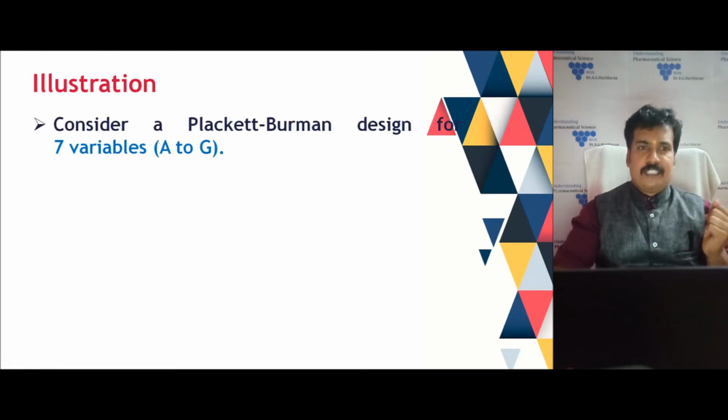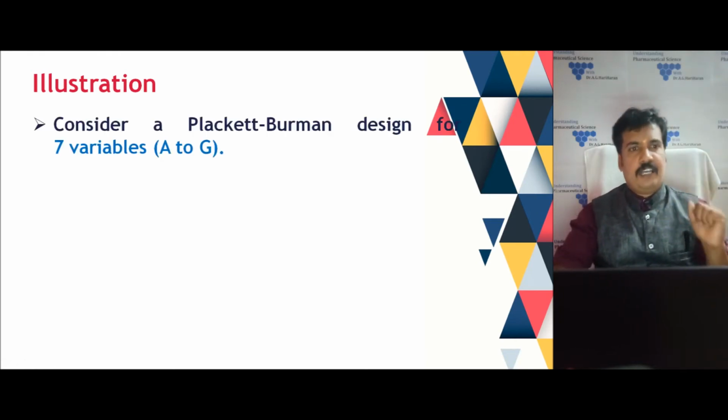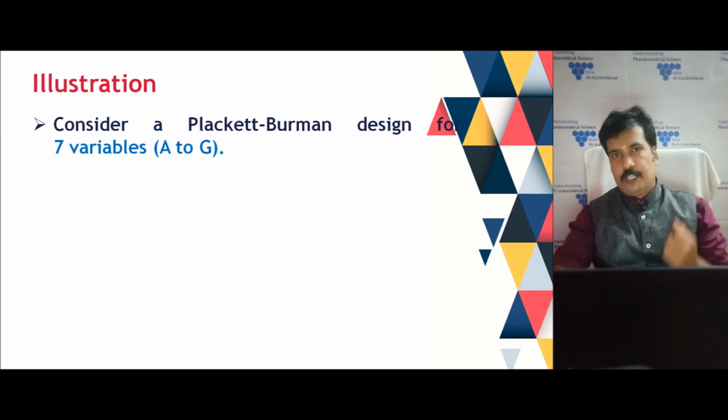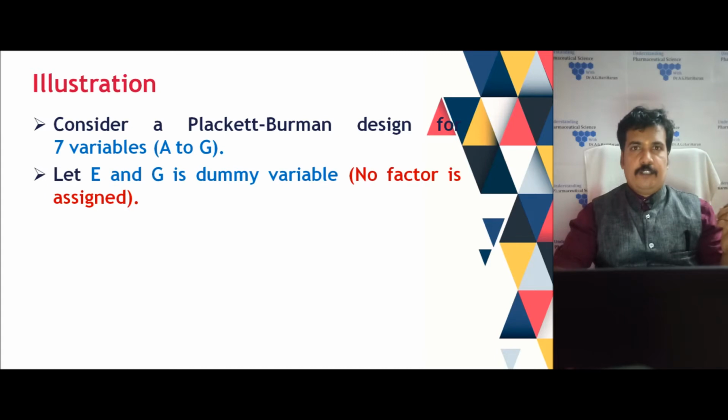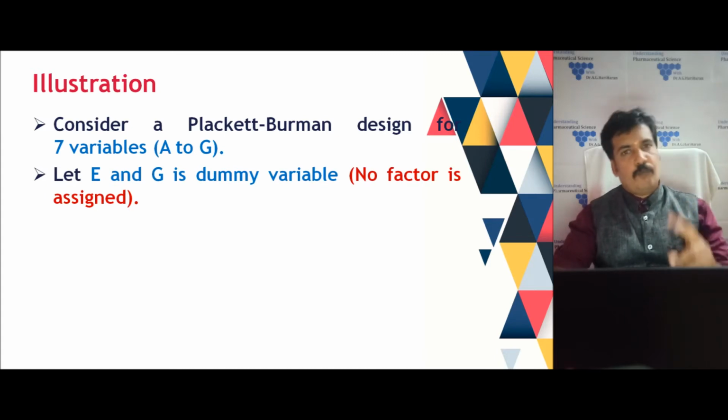Let's consider we have 7 variables, A to G. That means we are preparing a fermentation media. In the fermentation media, we have 7 components, that is component A, B, C, D, E, F and G. Out of these, I consider 2 components as dummy ones, because they are not going to impact my experiment.